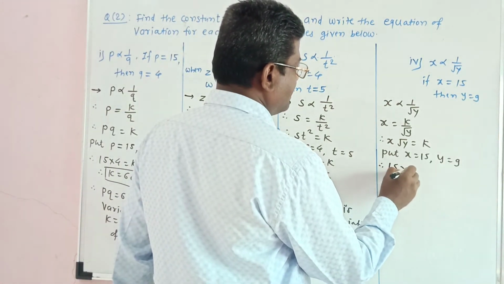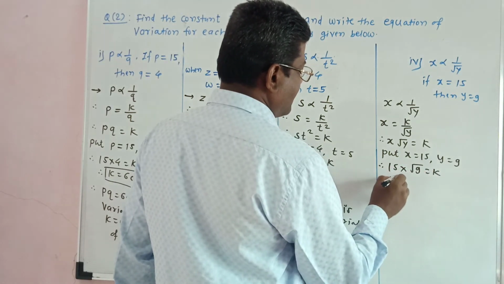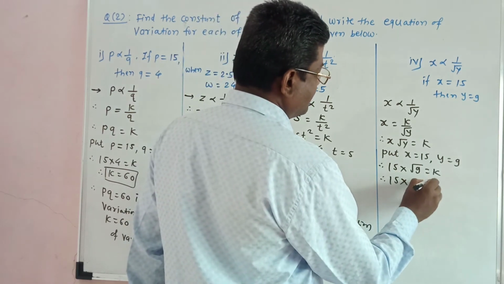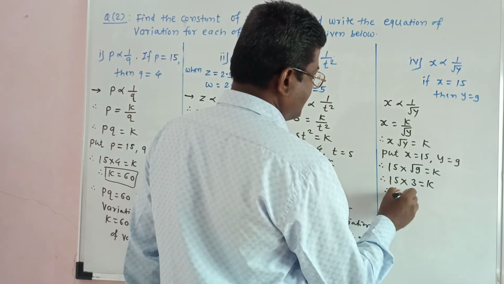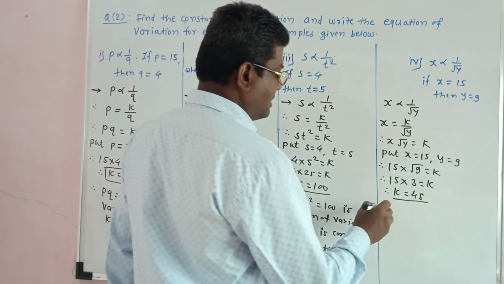Therefore, 15 into square root of 9 is equal to K. Therefore, 15 into 3 is equal to K. Therefore, K is equal to 45.